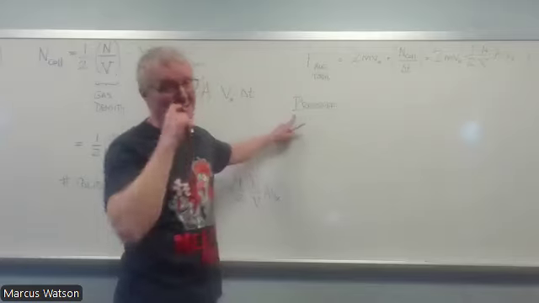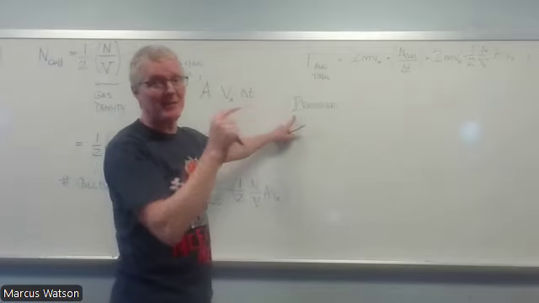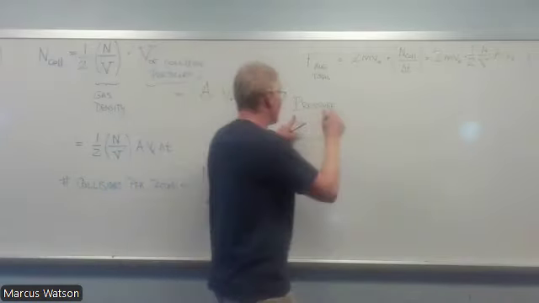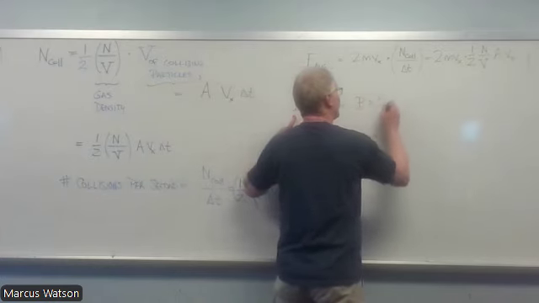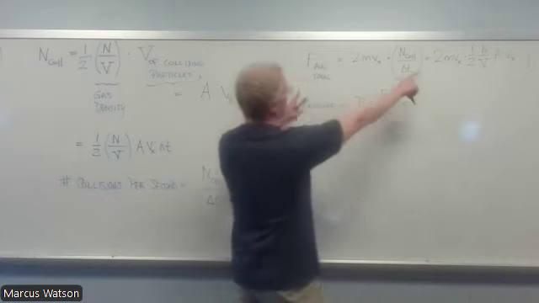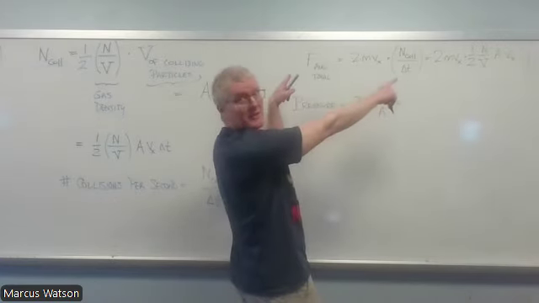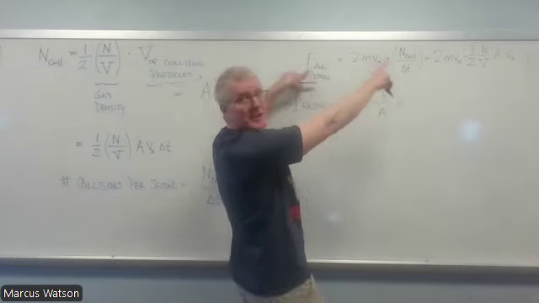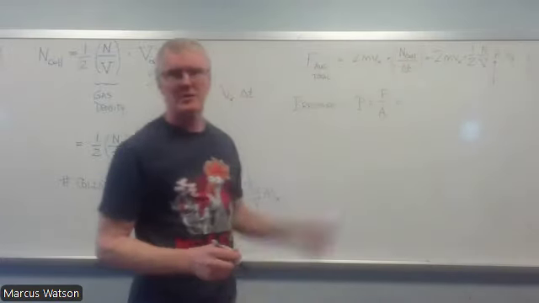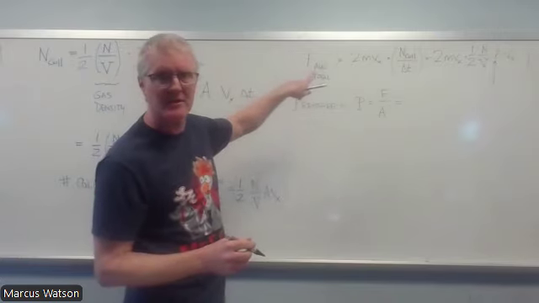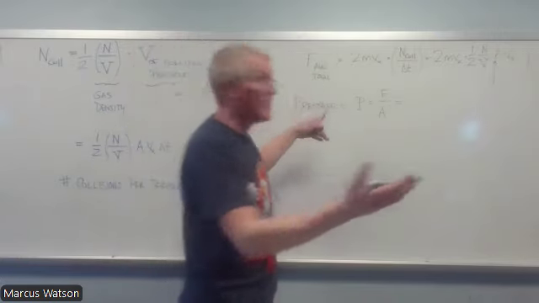Aha, see, I got it last time because I had P with the momentum. Now I've got P with the pressure. The pressure P is the force per area. And that means all I have to do here is take the average total force, and I have an area sitting right there. So I'm just going to swing that underneath the force here, and then I'll have an expression for the pressure.